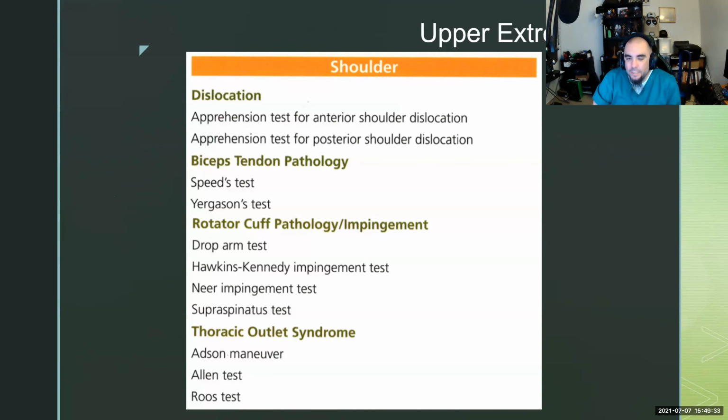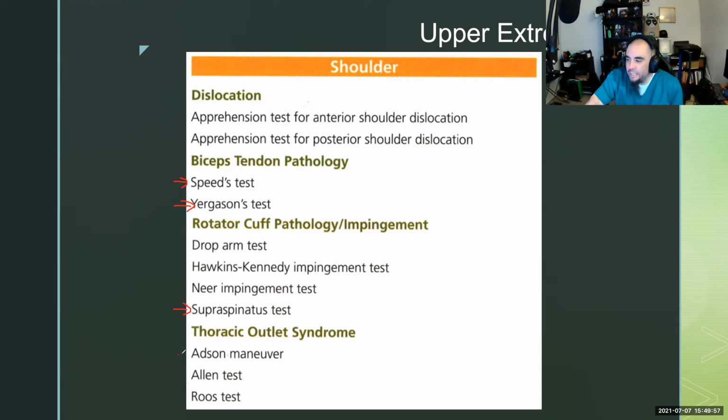If I repeat a special test multiple times, that's probably a good one to know, especially for the clinic. So these are the more common special tests you're going to run into. I will say the Speed's and the Yergason's test are probably two of the common ones you're going to have to do in the clinic, along with supraspinatus.